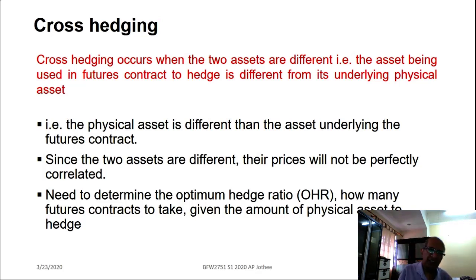Let's say, for example, different grades of cocoa or different grades of coffee, or generally coffee against tea. You want to buy or sell coffee at certain future times, but there is no futures for that. You may have the tea futures like that. Since the two assets are different, their prices will not be perfectly correlated. The correlation can never be one. But we try to choose the one which has a high correlation.